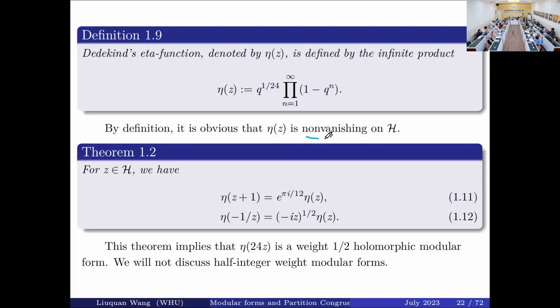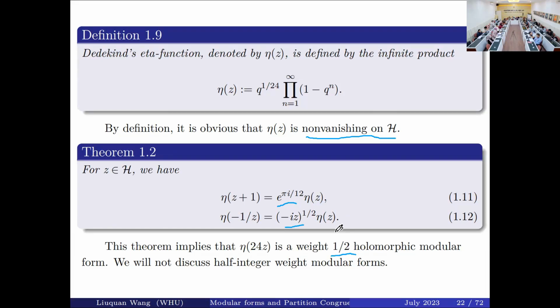First, it does not vanish on the upper half plane. And second, it satisfies nice transformation formulas. First, η(z+1) differs from η(z) only by a simple factor, and η(-1/z) differs from η(z) only by another factor. These two functional equations mean that η(z)^24 is actually a weight 12 holomorphic modular form.